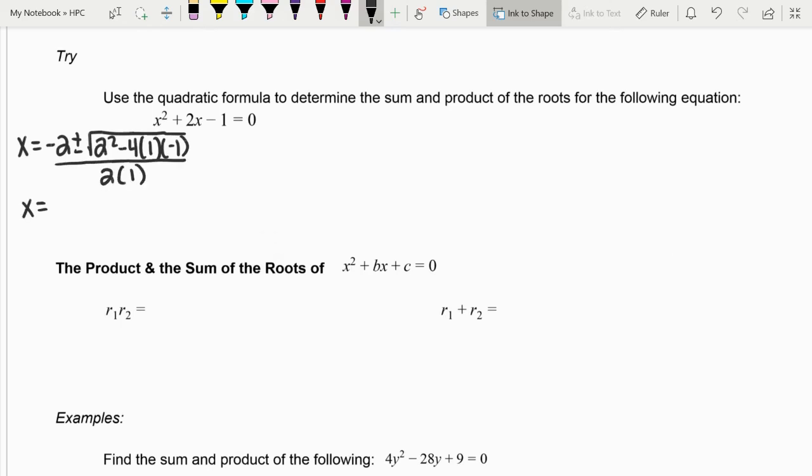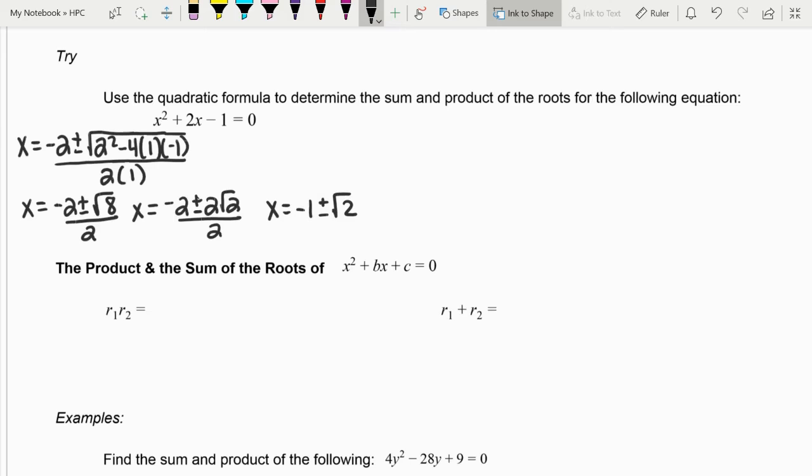So if we do some simplifying here, I get negative 2 plus or minus the square root of 8 divided by 2, which then equals x is equal to negative 2 plus or minus 2 root 2 all over 2. Simplify that one more time. We have x is equal to negative 1 plus or minus the square root of 2.